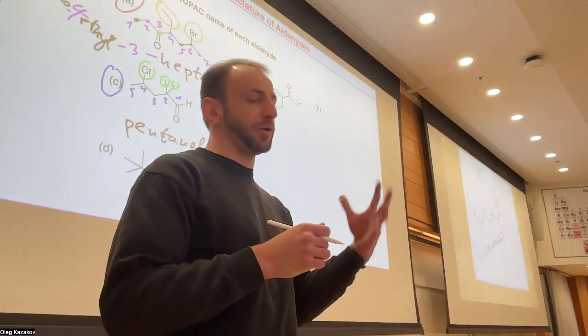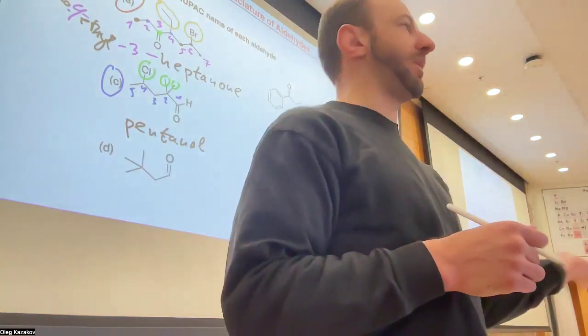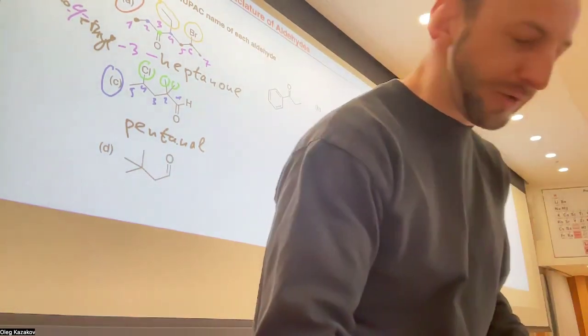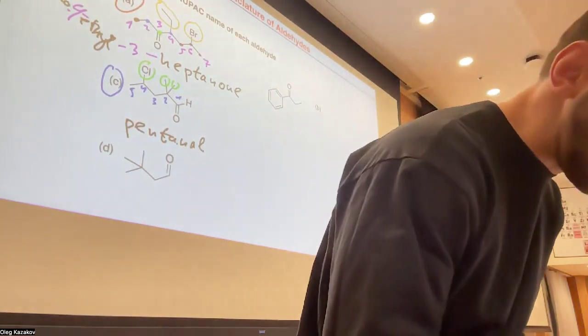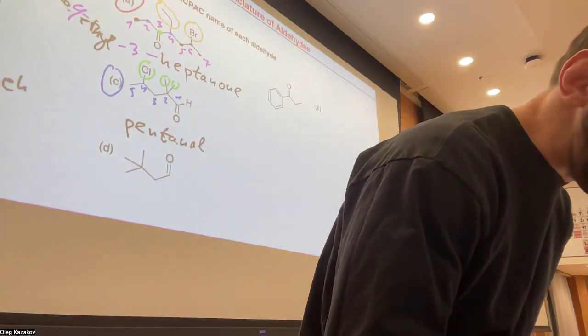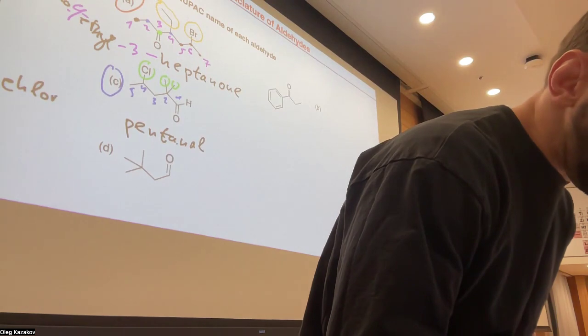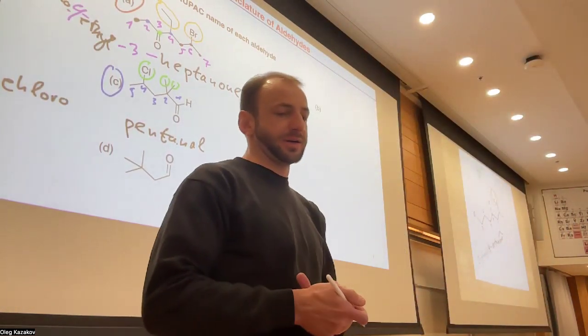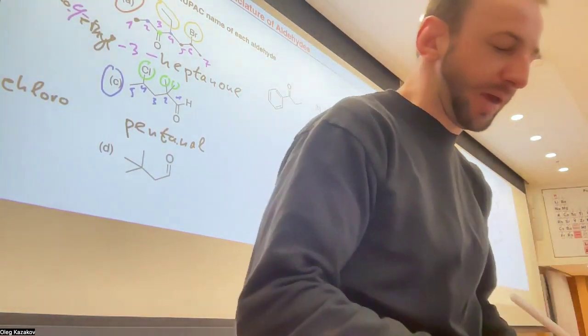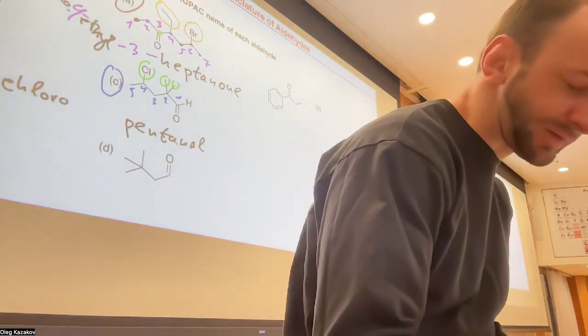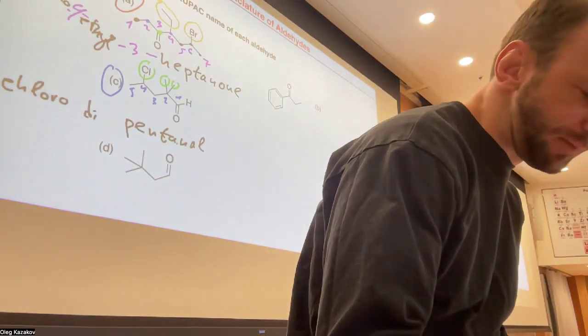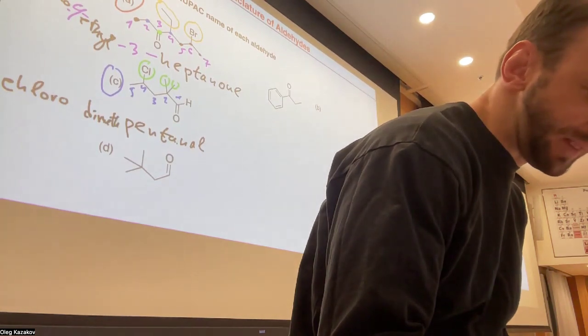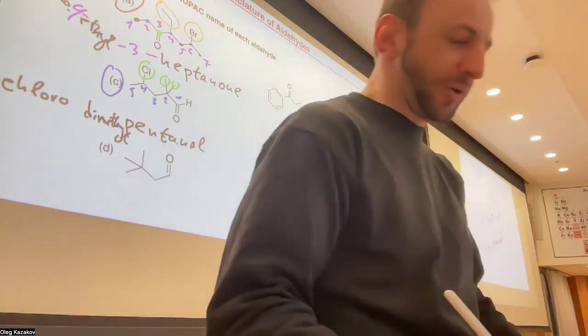Chlorine or chloro will be first, and then methyl will be second, right? So you are going to have the following thing. Chloro, then you have methyl, which will be dimethyl, because you have two methyls. So dimethyl.